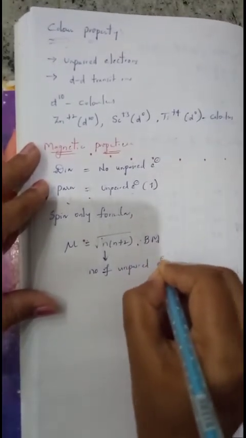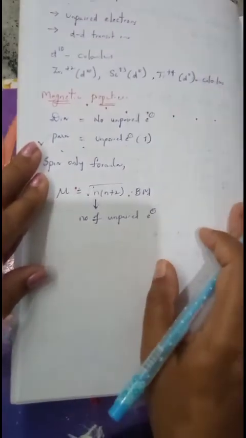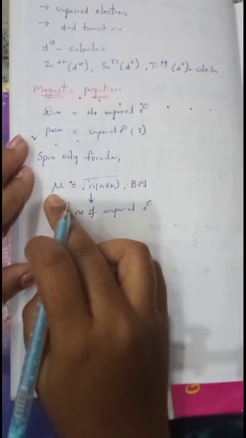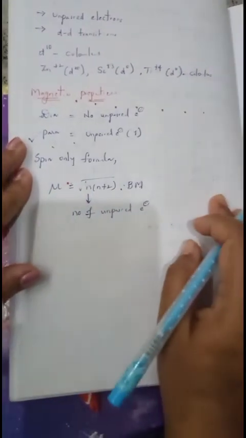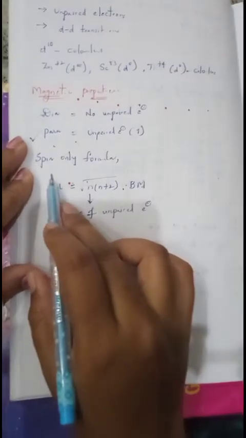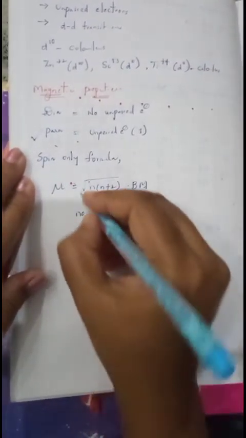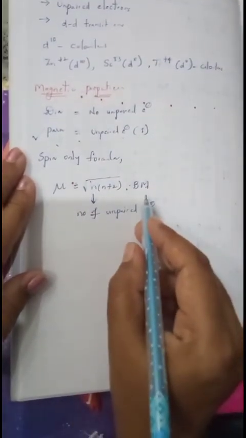By writing the number of unpaired electrons in this formula, we can calculate the mu value. This mu value is used to find out the magnetic property of a substance. So that formula is called the spin only formula: square root of n into n plus 2, and the units are Bohr magnetons.